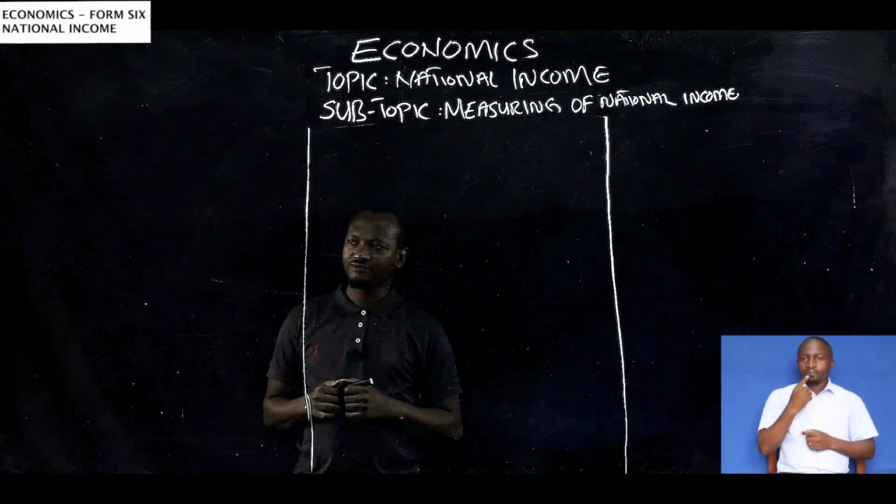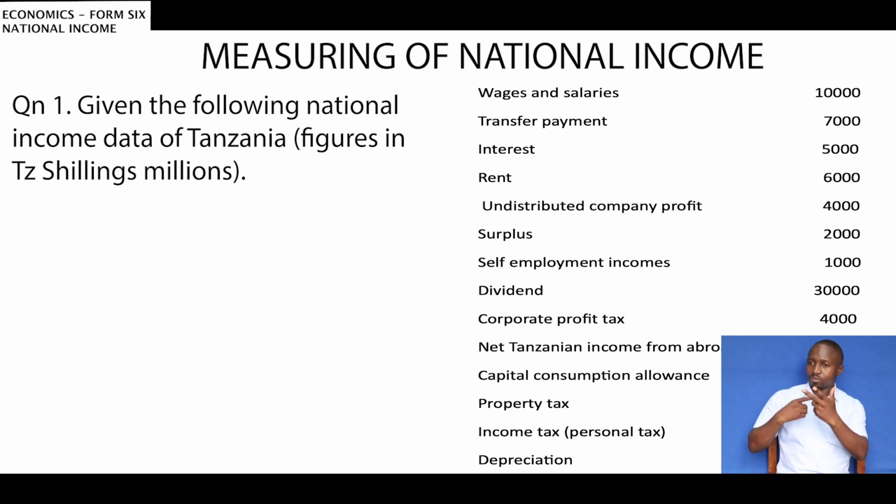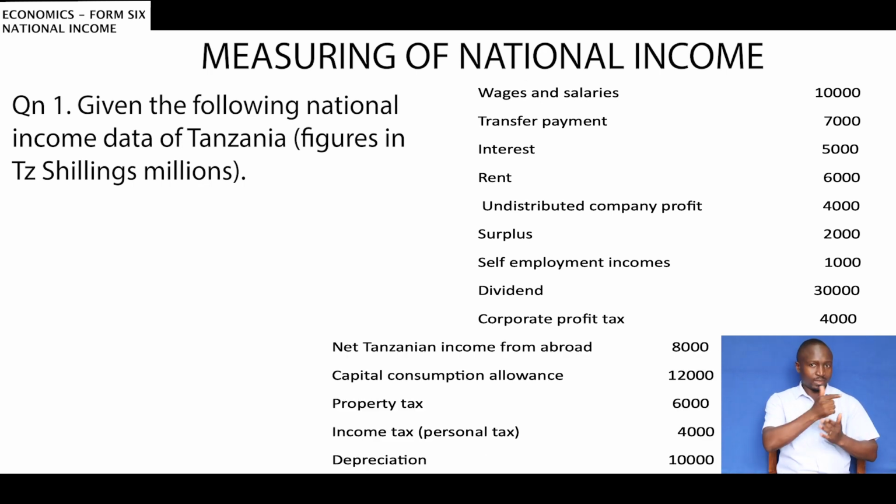Question number 1 says, given the following national income data of Tanzania, with the figures in Tanzania shillings millions: wages and salaries 10,000, transfer payment 7,000, interest 5,000, rent 6,000, undistributed company profit 4,000, surplus 2,000, self-employment incomes 1,000, dividend 30,000, corporate profit tax 4,000, net Tanzanian income from abroad 8,000, capital consumption allowance 12,000, property tax 6,000, income tax or personal tax 4,000, and the depreciation is 10,000.